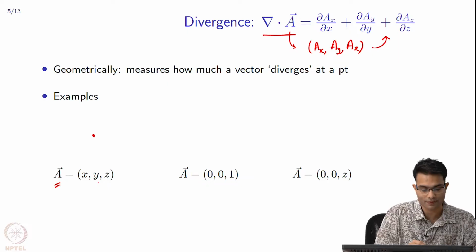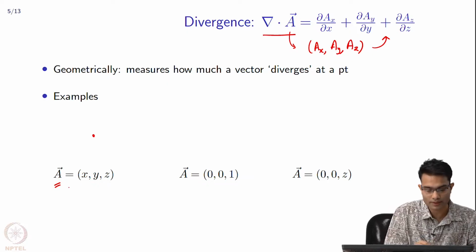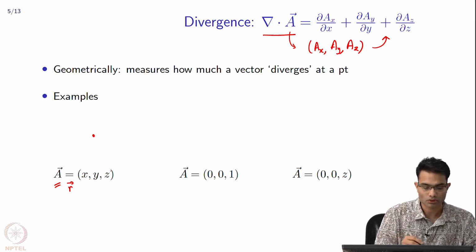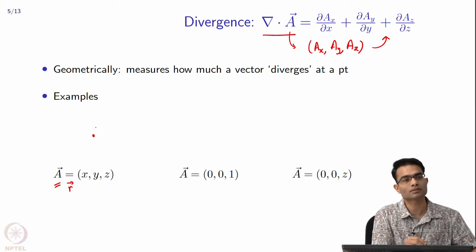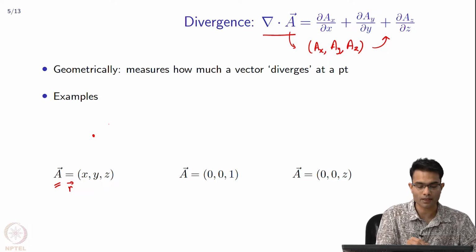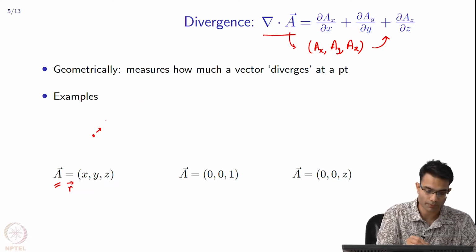What is this vector field? This is nothing but the position vector, with components x, y, z. If I plot this from the origin, it will always be pointing in which direction? Radially outwards, and as I go farther from the origin, the magnitude will increase. So, they will be represented like this.